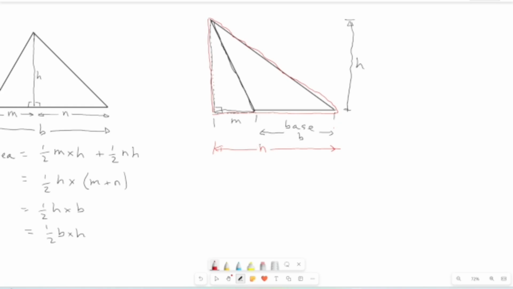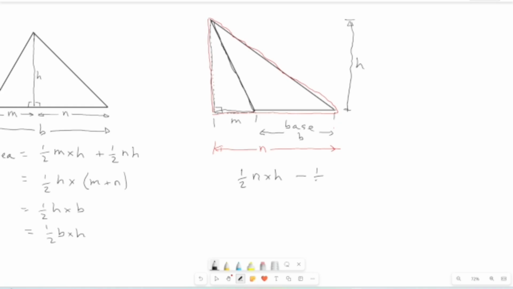So for these two triangles, the area of the red triangle is 1/2 the base times the height, and that is 1/2 n times h, because that's its base. But that's bigger than the area we need. We only want this small bit. So what we can do is subtract the area of this smaller triangle here, and the area of the smaller triangle, so we're going to subtract that.